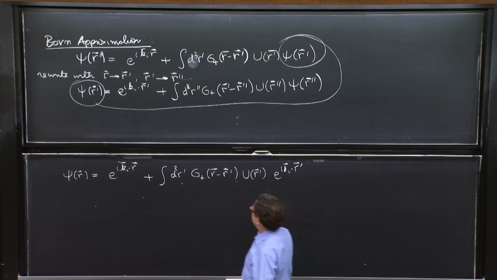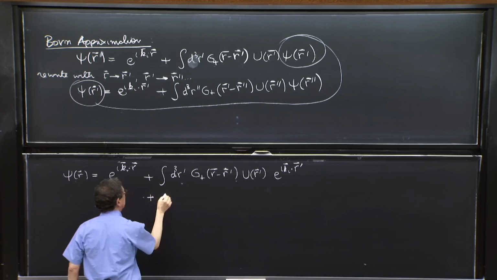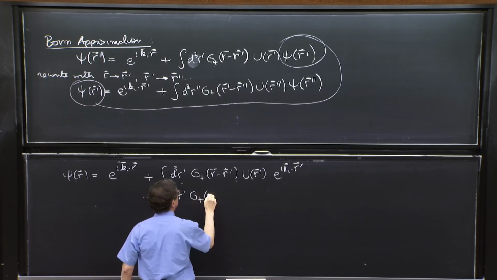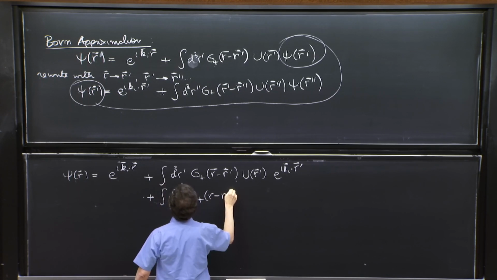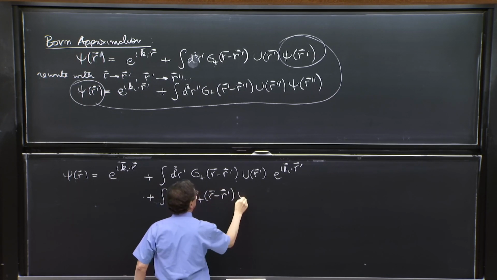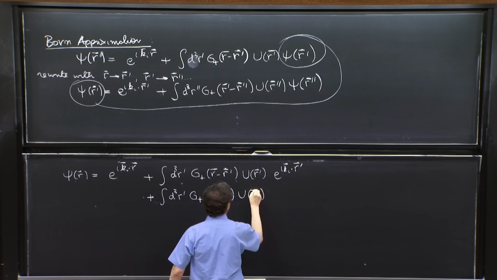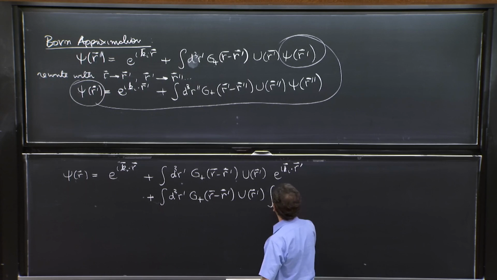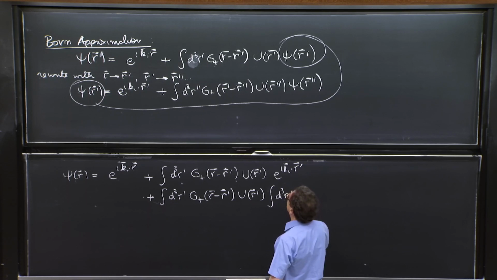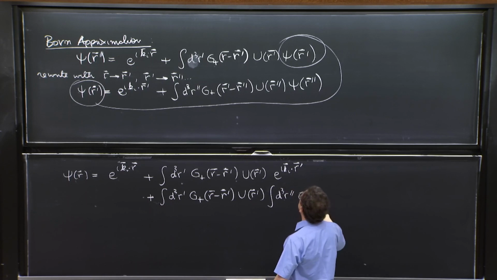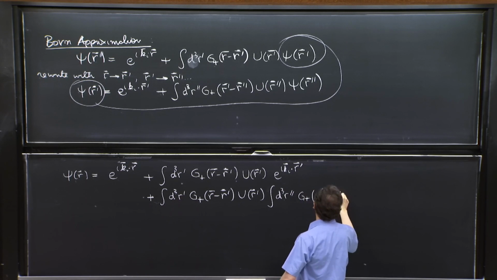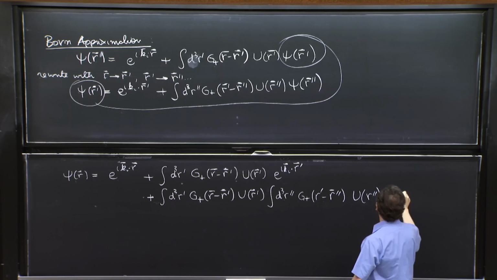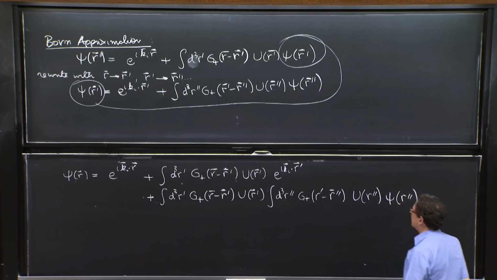The second I'll write as another line, so integral d cube r prime g plus of r minus r prime u of r prime. And then the second term would be another integral, d cube r double prime g plus of r prime minus r double prime u of r double prime psi of r double prime.